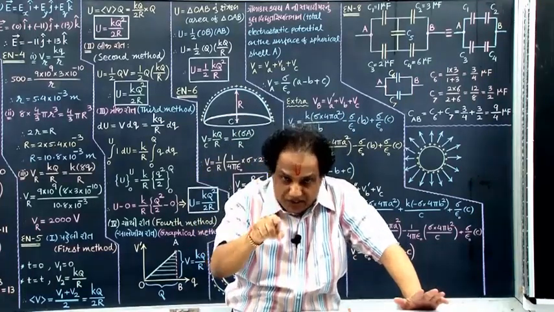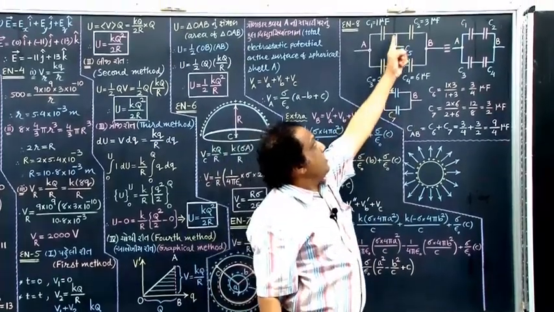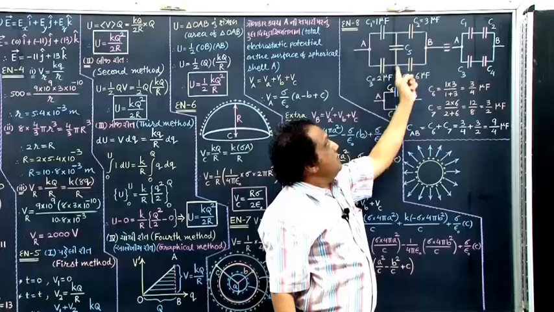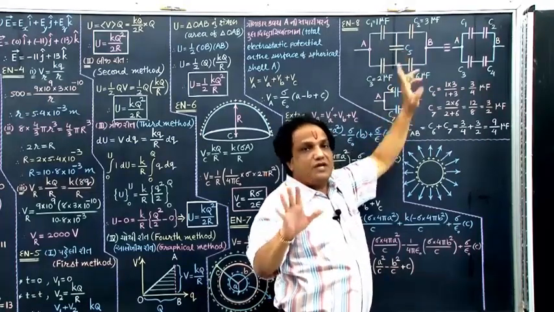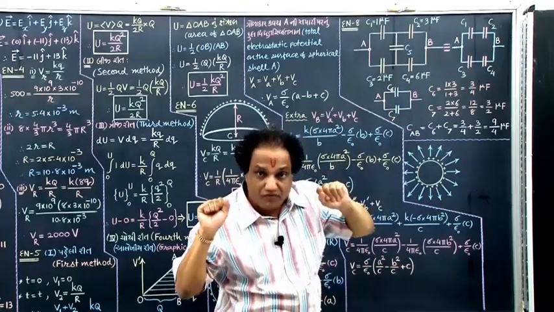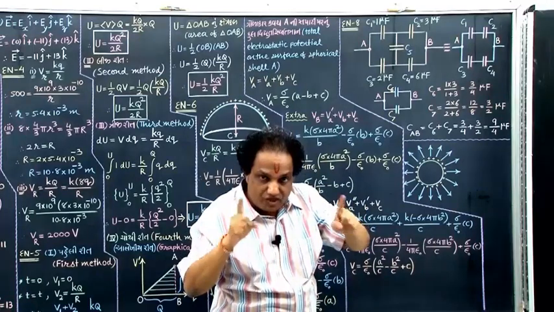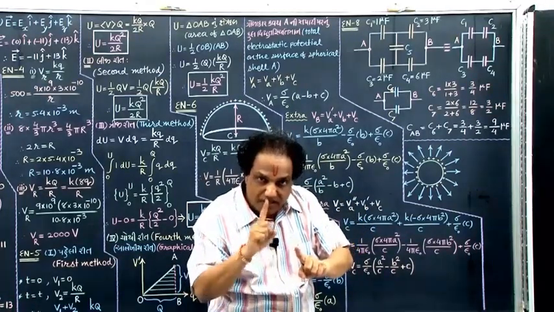In that balanced condition, there is no current flowing through this 5th component, and if there is no current in this branch, you may remove that component. It does not make any effect on the working of the network. Here instead of resistances we have capacitances, but the method remains the same.